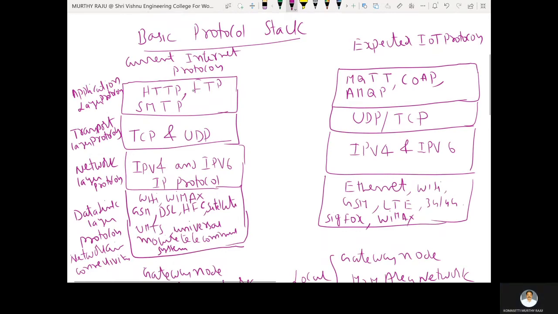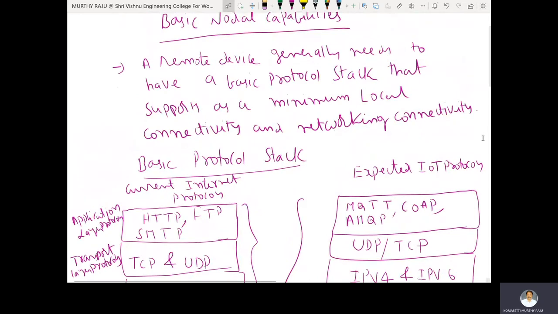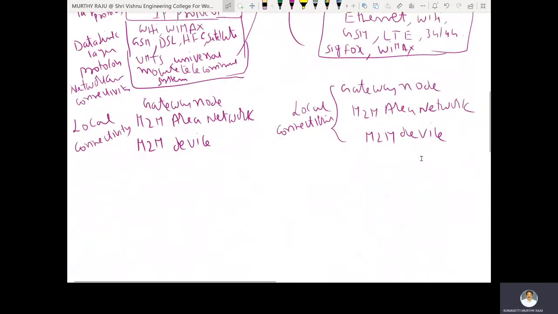These are the protocol stacks for connectivity, called local connectivity and networking connectivity. A remote device generally needs to have a basic protocol stack that supports the minimum local connectivity and network connectivity.